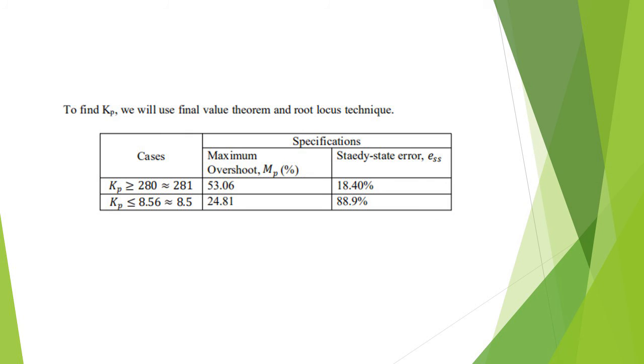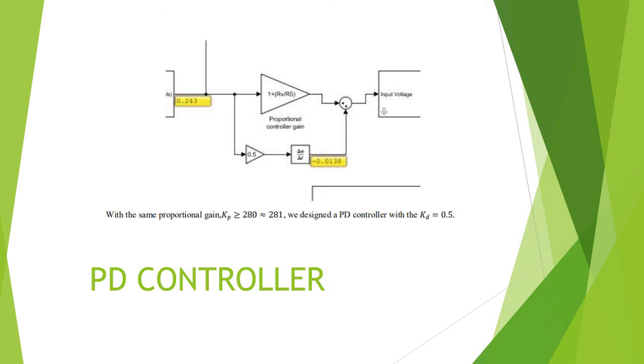So we can conclude that the P controller cannot satisfy all the specifications set earlier, neither with the controller proportional gain greater or equal to 281 ohm, nor smaller or equal to 8.56 ohm. By comparing the two cases above, we would like to choose the controller proportional gain to be 281 ohm. So far, it can be observed that the P controller cannot satisfy all the specifications required.